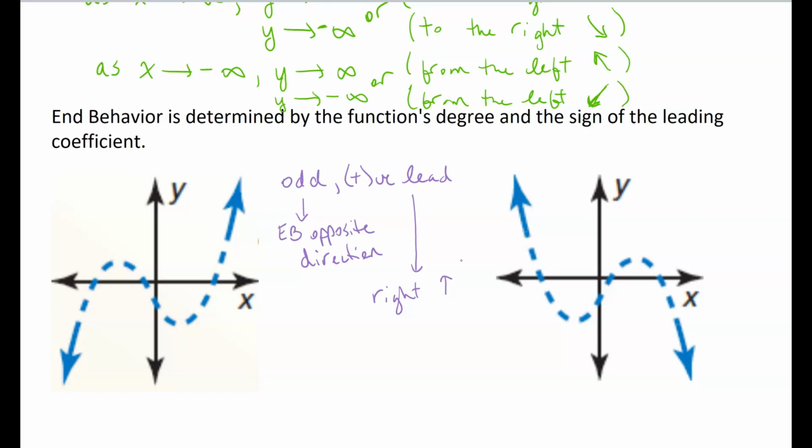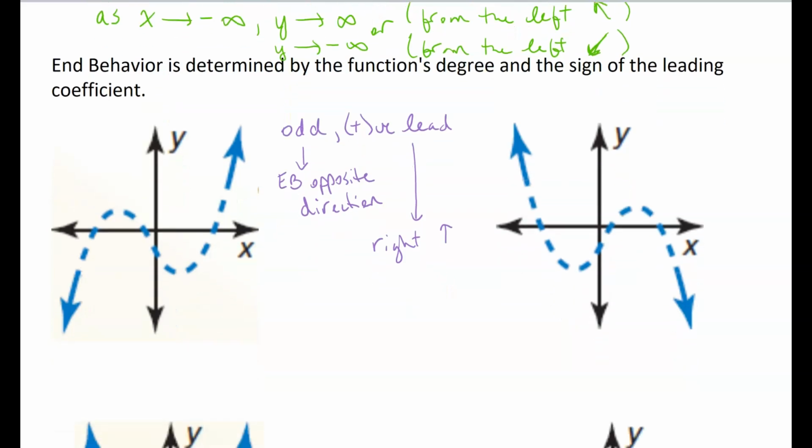Well, this one has more going on in it than the parent function. But again, we're looking at the end behavior of it. So what we would say for this one is, as x goes to positive infinity, so again, we're looking to the right, what's happening when x grows larger?